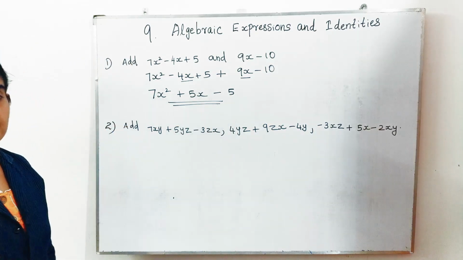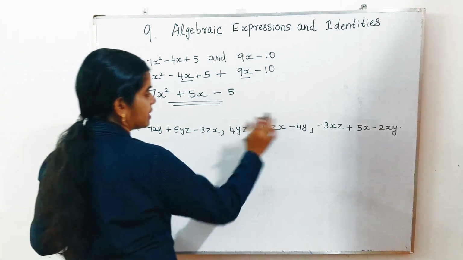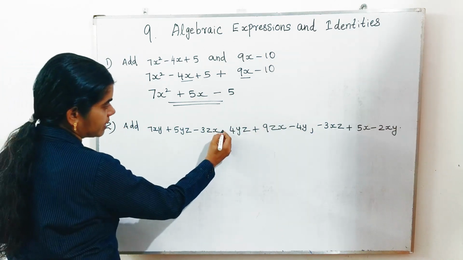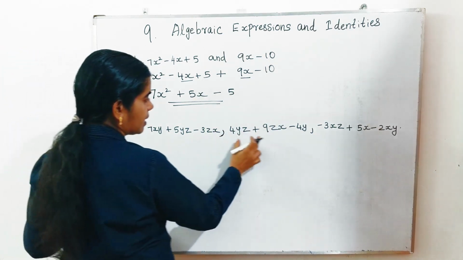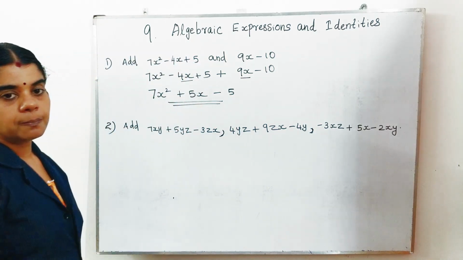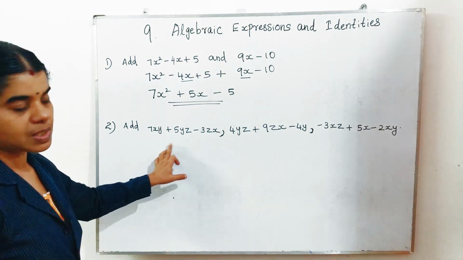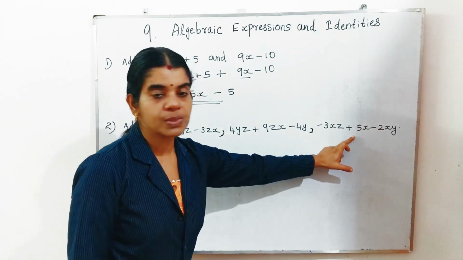So addition is over. Next one, 3 expressions are given. This is one expression, and this also, and these are all what kind of term? Monomial, binomial and trinomial, all having 3 terms. Here also 3 terms, here also 3 terms.